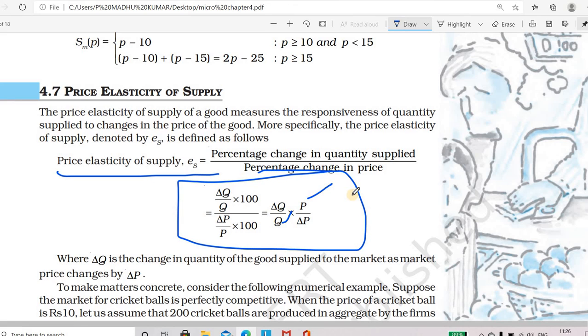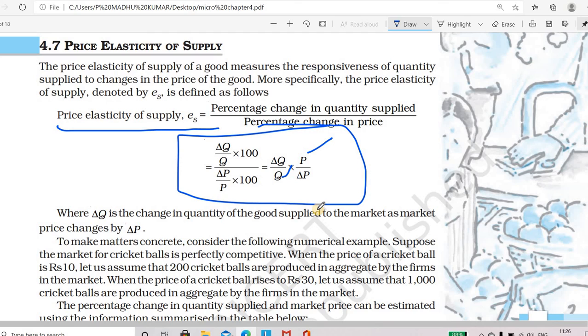Okay, the equation for elasticity of supply is delta Q divided by Q into P by delta P. This one is the equation of price elasticity of supply, which is percentage change in quantity supplied divided by percentage change in price. Then what is the definition of price elasticity of supply?